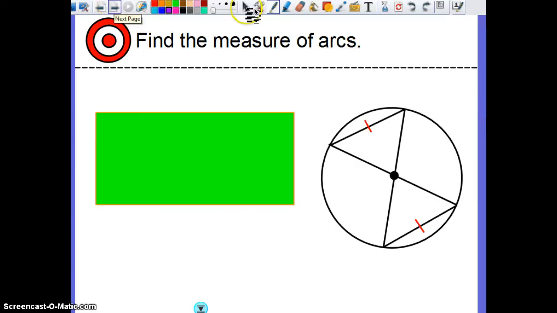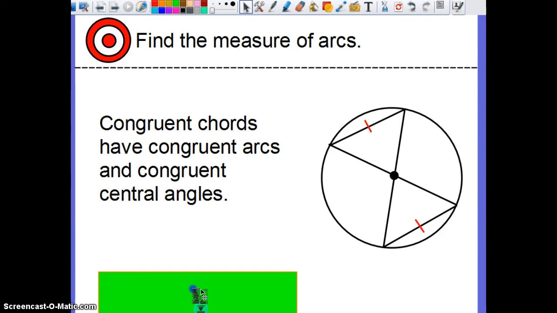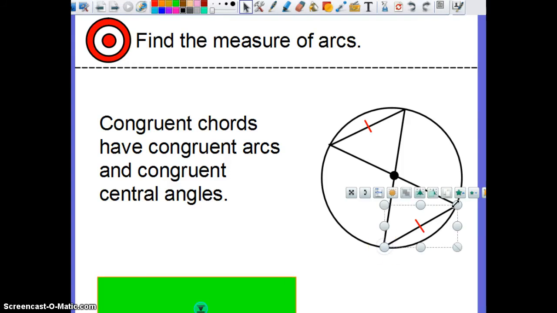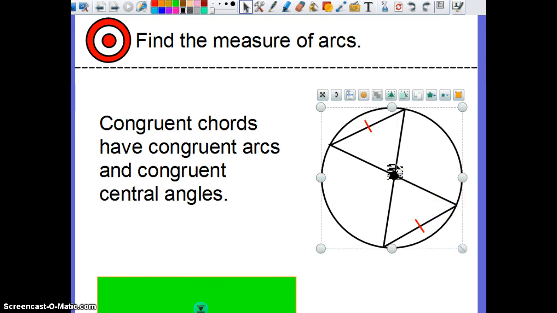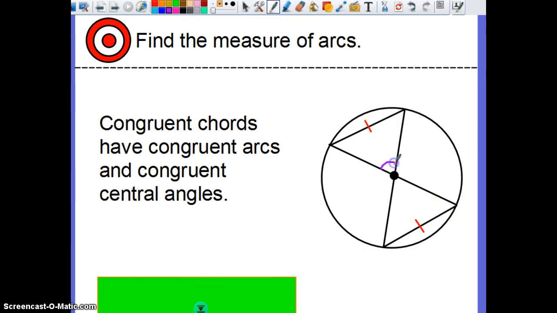Just so you know, it does make sense. Congruent arcs, or I'm sorry, congruent chords have congruent arcs and congruent central angles. So basically, if they're congruent, they're congruent. So you can see here you have some chords right here, and they're congruent. That means that these angles right here would also be congruent, which means that these arcs out here would also be congruent.